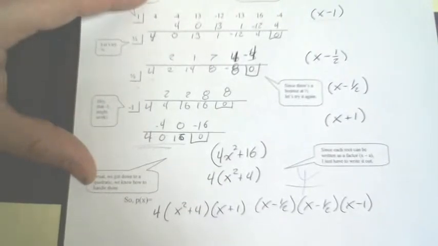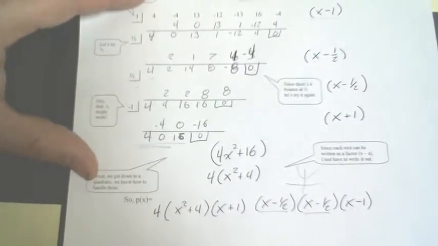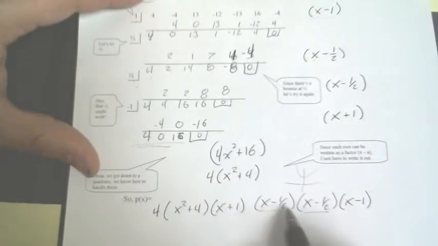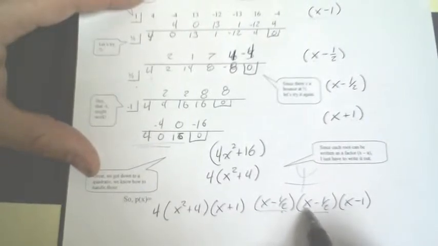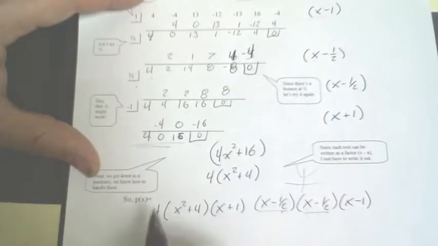Now, a couple things to clean this up a little bit. Notice the x minus 1/2 are kind of ugly, and often you'll be able to fix that. Notice if we multiplied this x minus 1/2 by 2, you'd have a 2x minus 1. That would be prettier. Multiply this x minus 1/2 by a 2, and you'd have, again, 2x minus 1. So if we had a couple of 2's, we could clean those up nicely. Well, look, they're over here. This 4 is 2 times 2.